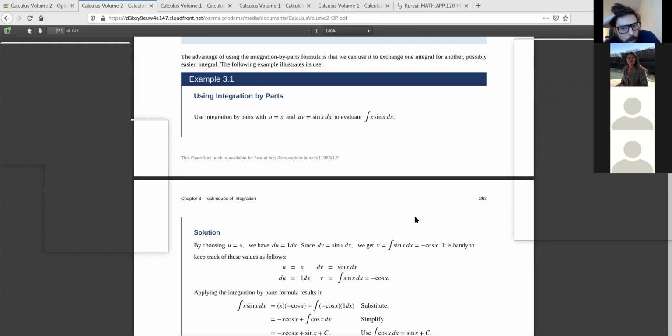The derivative of what? Well, the derivative of the negative of the cosine of x. So we have the integral of u dv, which is sine of x dx.